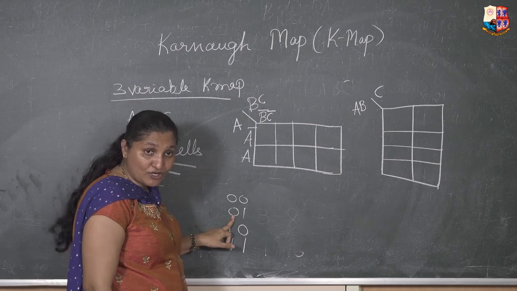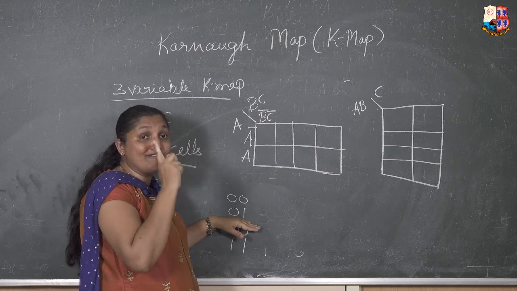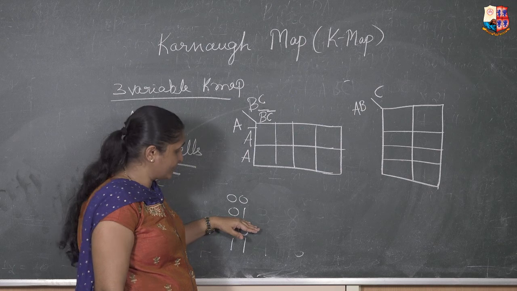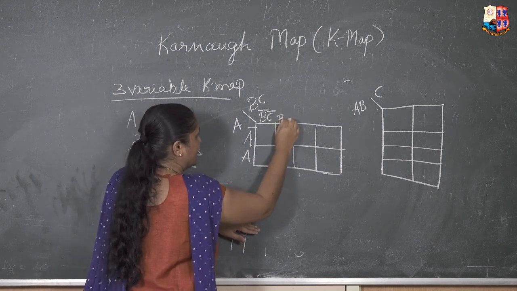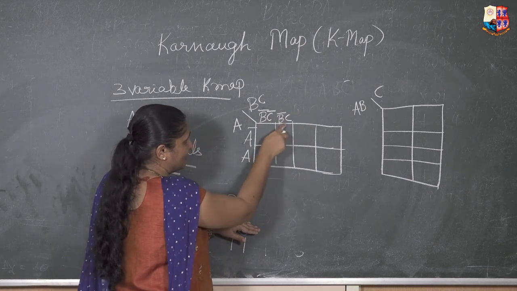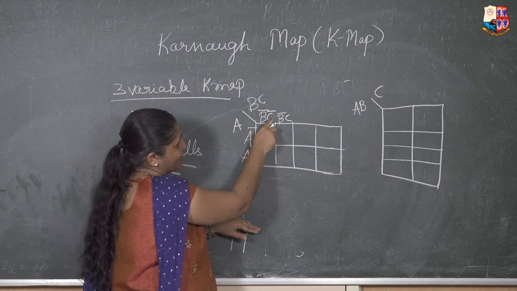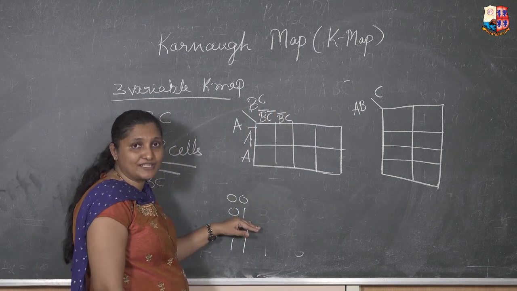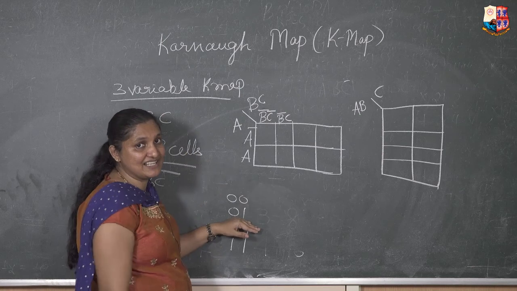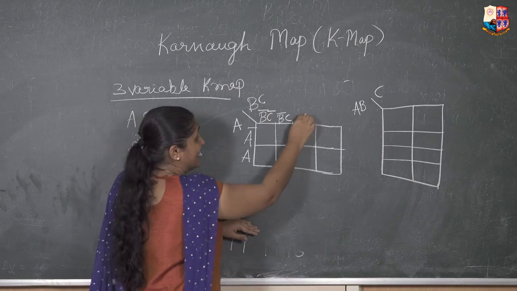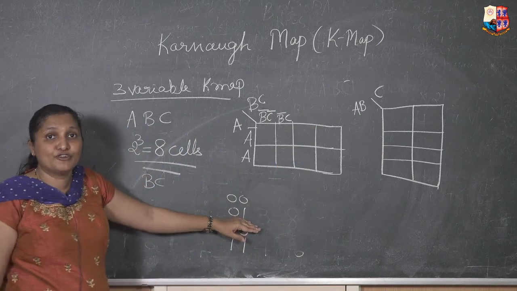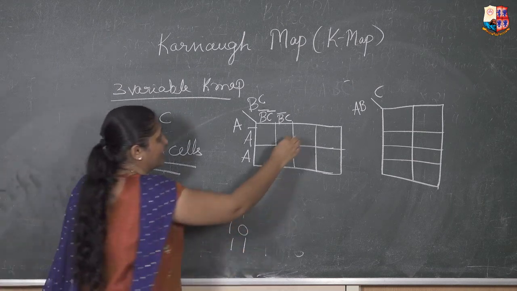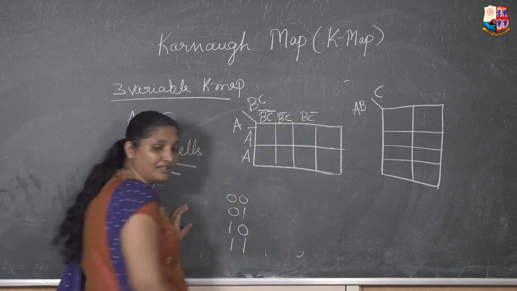Okay. The second column, when I go, it should be only one bit which is going to change. So it can take B bar C. Here B bar remained the same, only C bar changed to C. So 1 bit distance. Now what is the next column variable I am going to take? Can I write now BC bar?